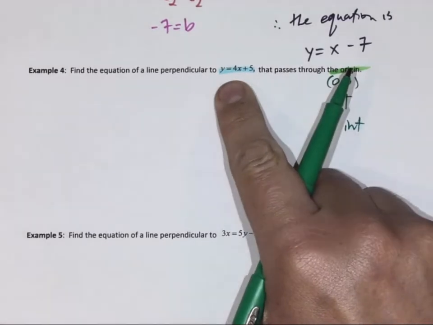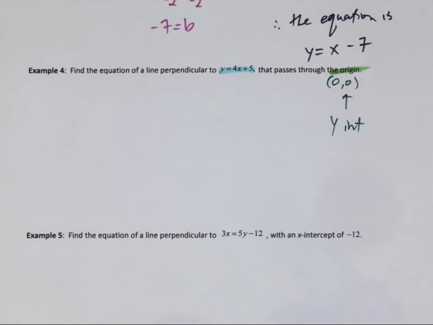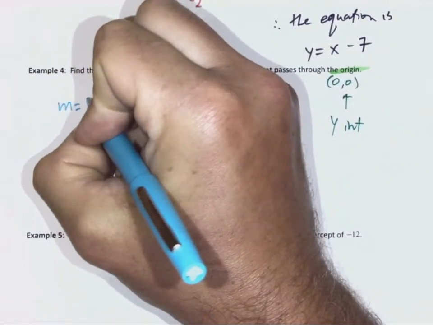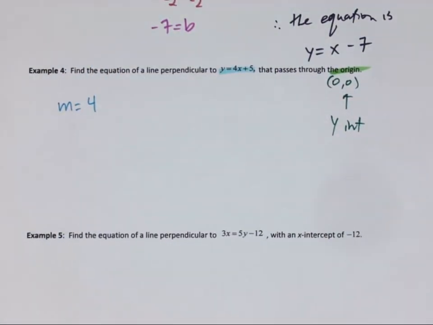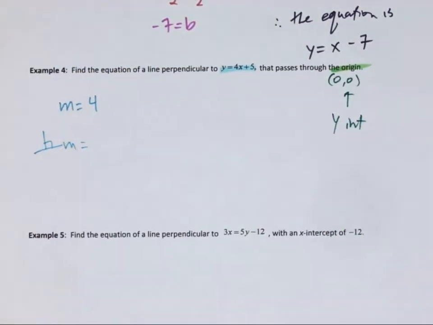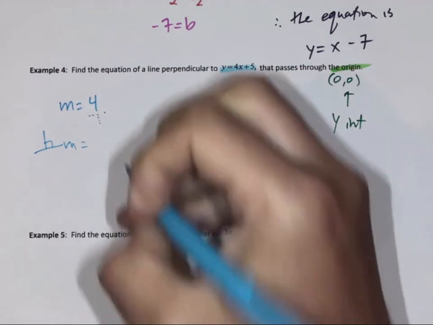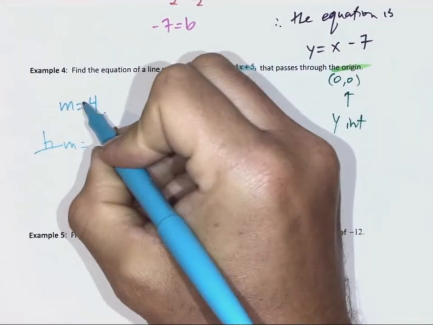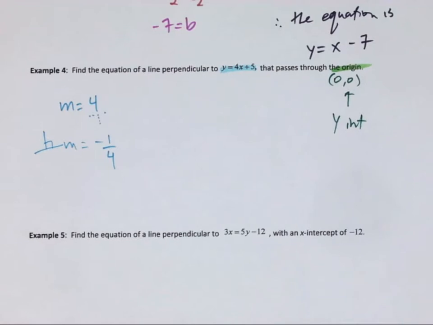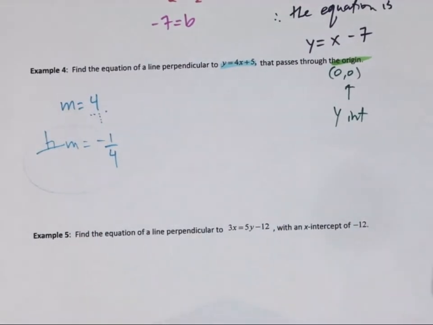So we're again going to take that slope and we want the negative reciprocal. So perpendicular slope, that's like 4 over 1. Take that fraction and flip it, so it's 1 over 4. That was positive, we need negative. So we've got our slope, we got our y-intercept.